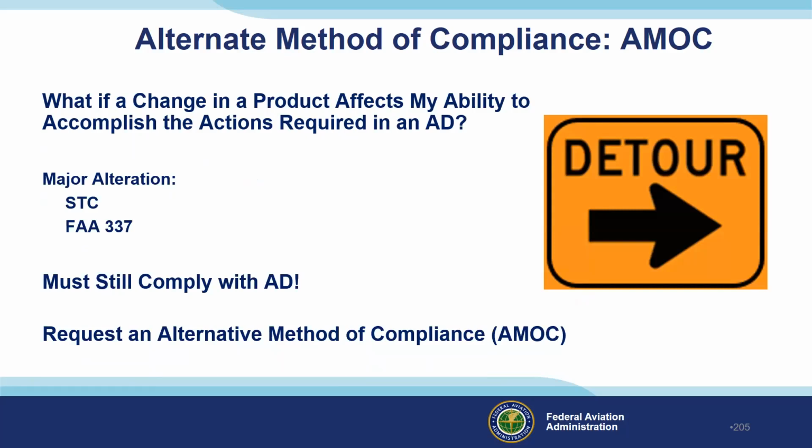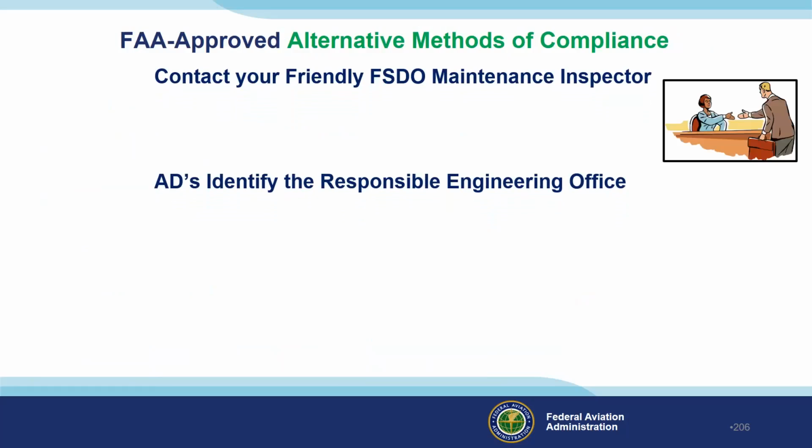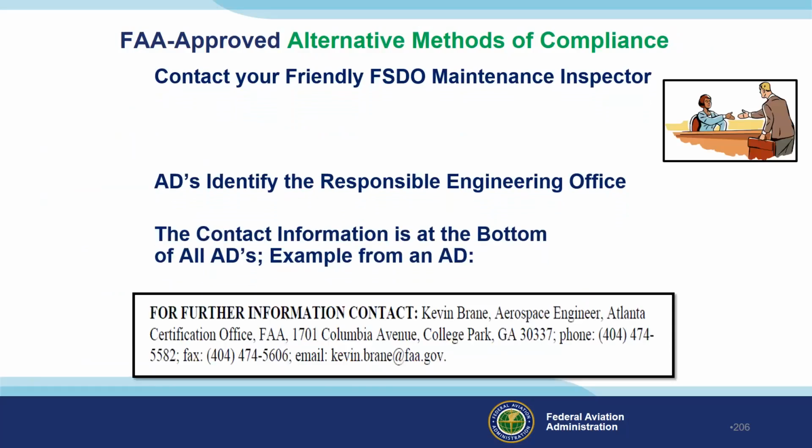So you would request an alternate method of compliance. Contact your FSDO maintenance inspector. And you can also contact the name at the bottom of the AD. They always list the contact information for an alternate method of compliance.